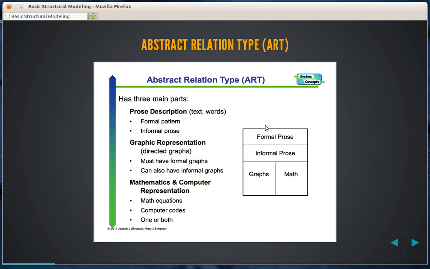So there's a concept within basic structural modeling, and within the structural modeling approach that Warfield developed, called model exchange isomorphisms, which states that the prose description, graphic description, and the mathematics and computer representation are all isomorphic.